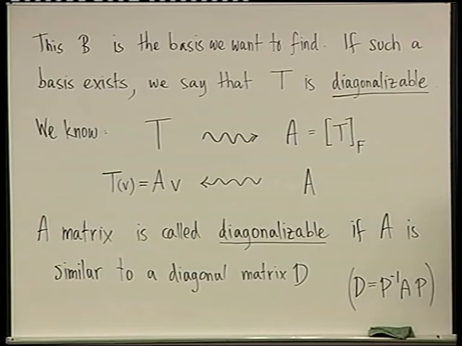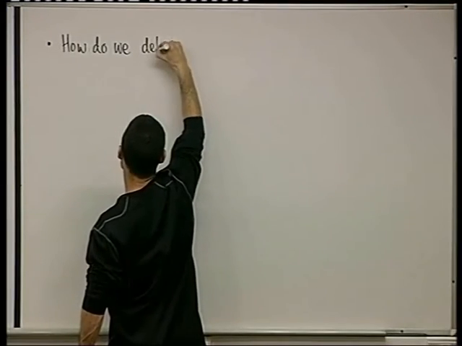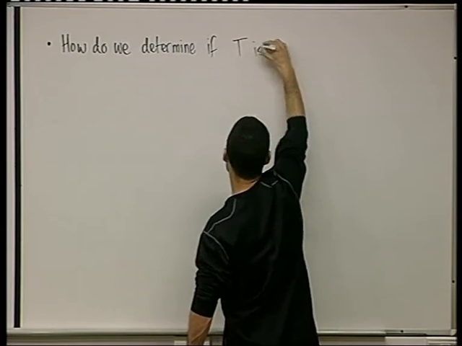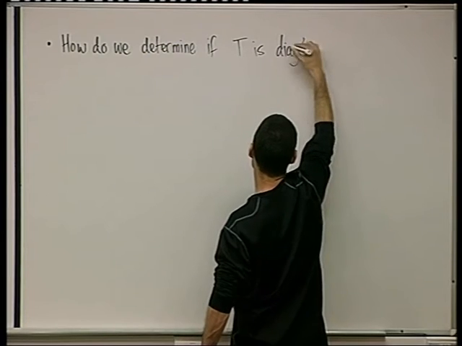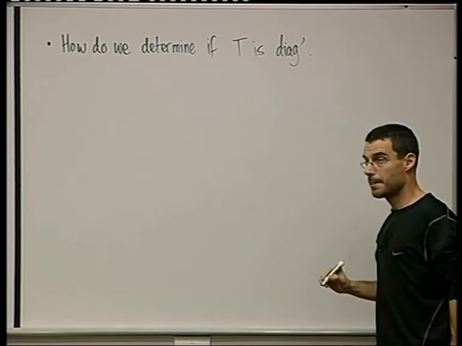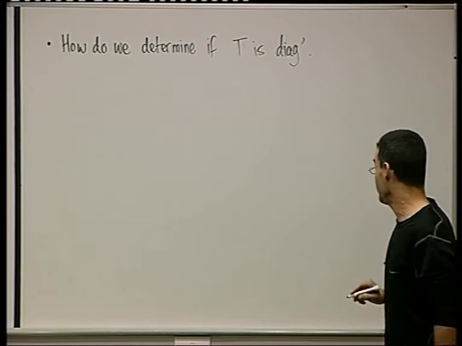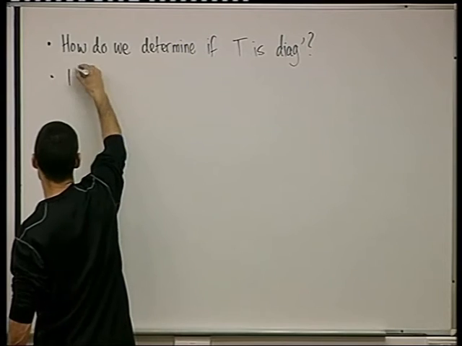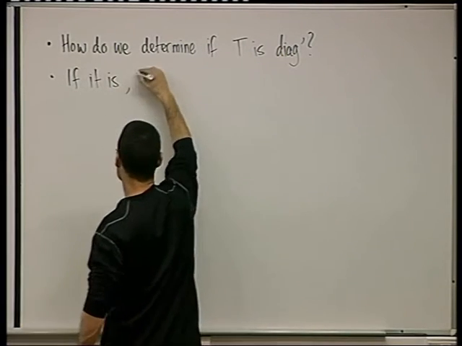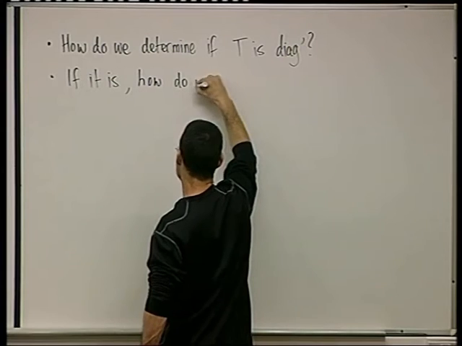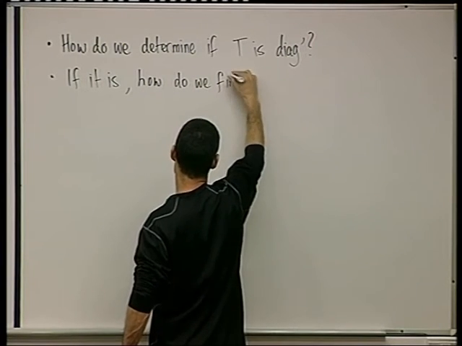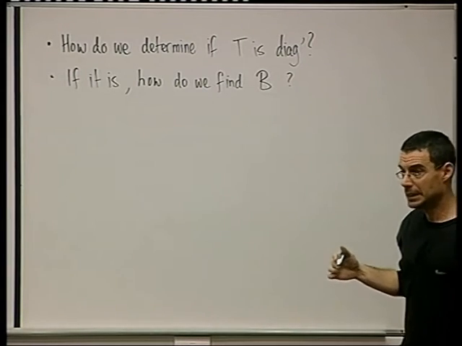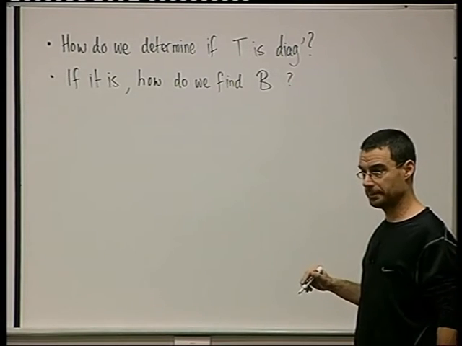How do we determine if T is diagonalizable, meaning diagonalizable, not diagonal, and if it is, how do we find B, the basis that gives the diagonal form? Okay?